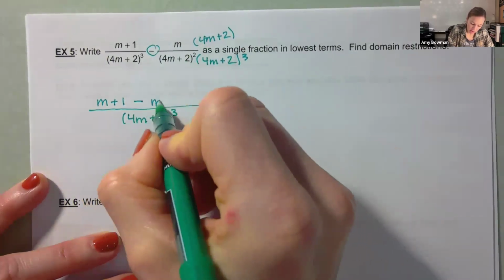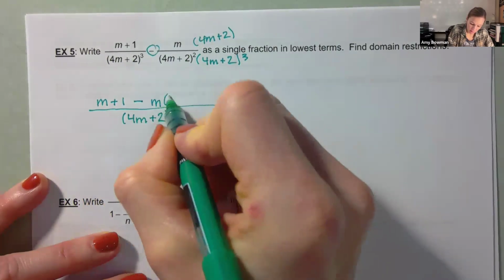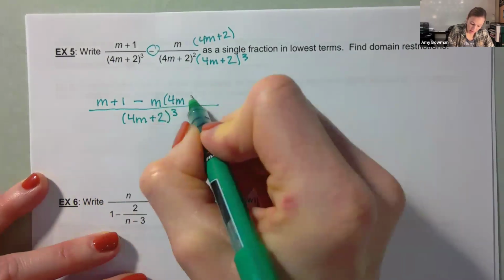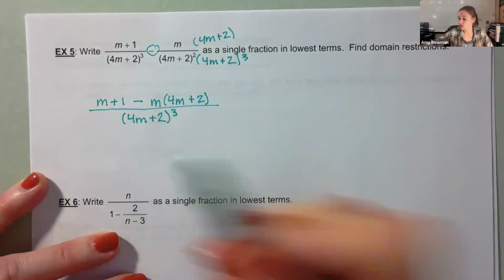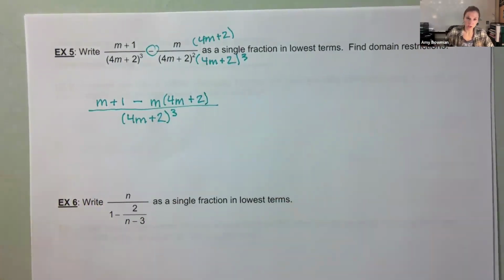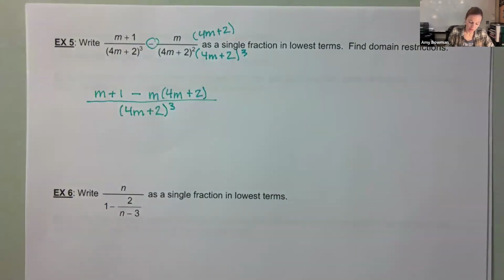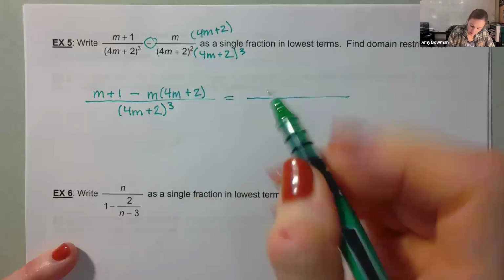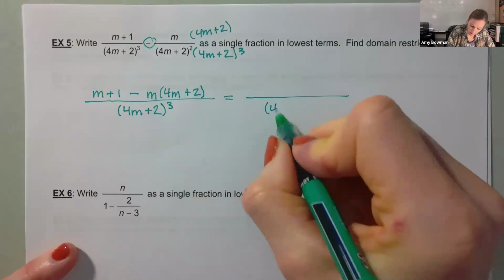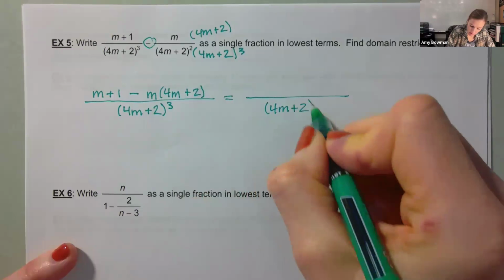So I haven't really done anything except get a single common denominator. I probably mentioned this in the first video, but when you start simplifying this and you distribute in the numerator, let me write my denominator.